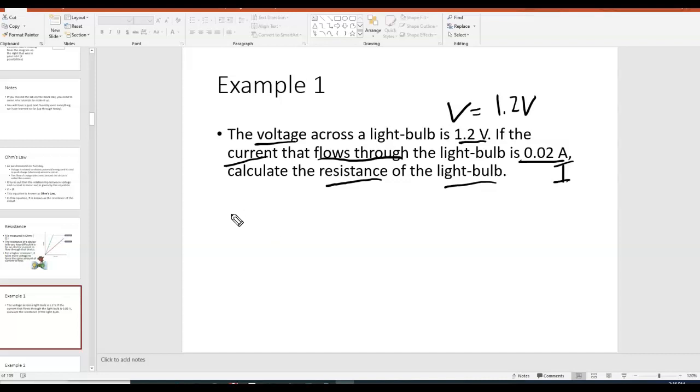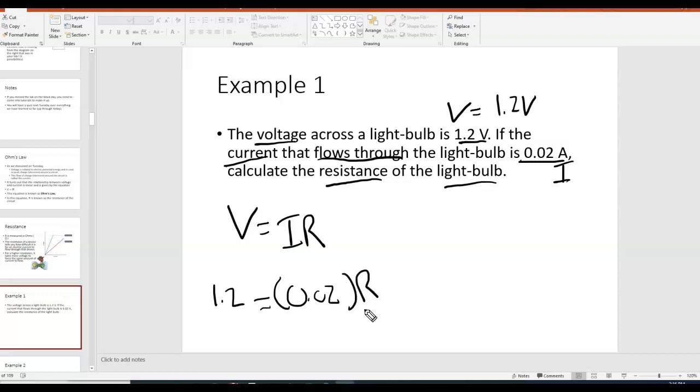So Ohm's law, V equals IR. Ohm's law is our equation that we're going to use. The voltage is 1.2, so I'm just going to plug in here. The current is 0.02, that's my I, I put parentheses there, and if I want to solve for R, I need to divide both sides by 0.02, like so. Okay, and if you type that into the calculator, then you will get the resistance.